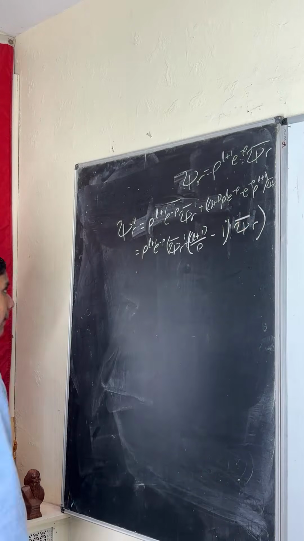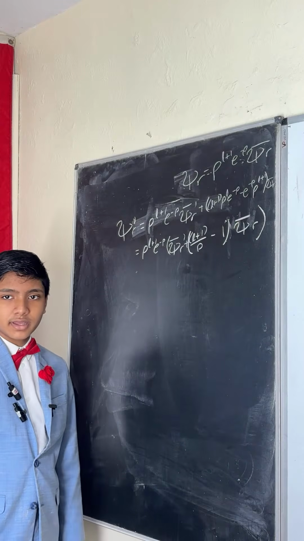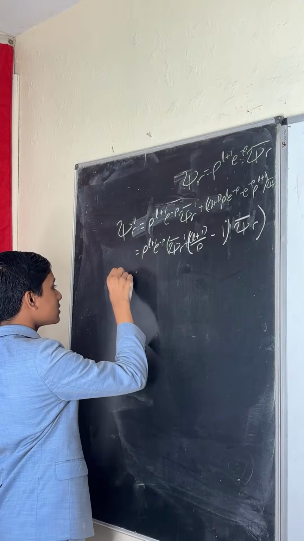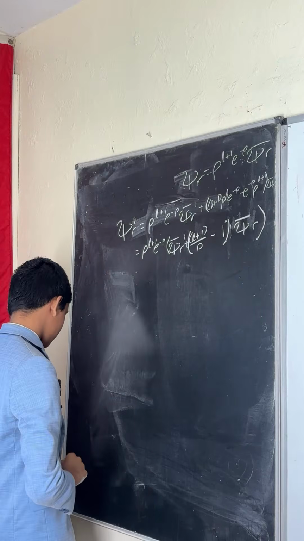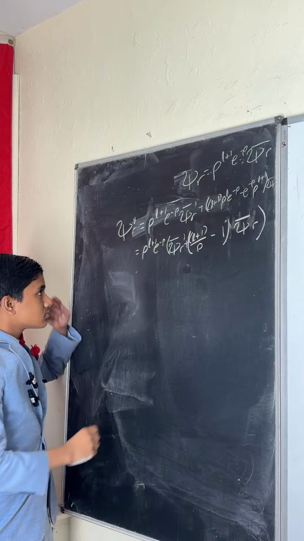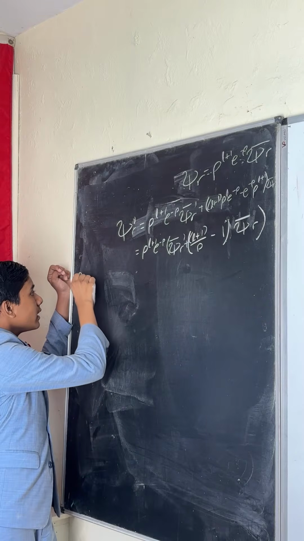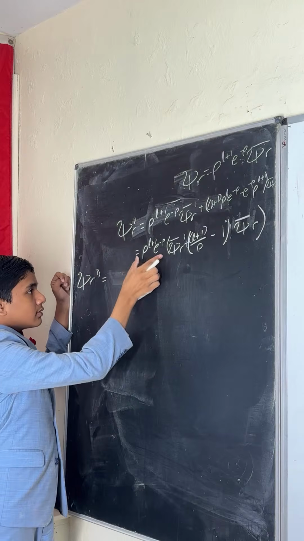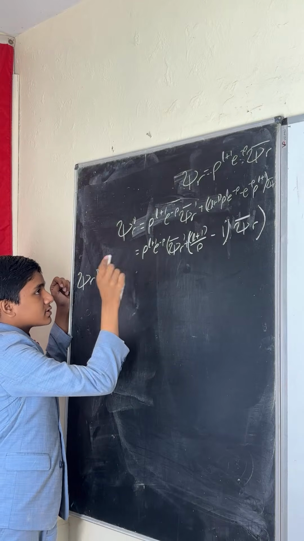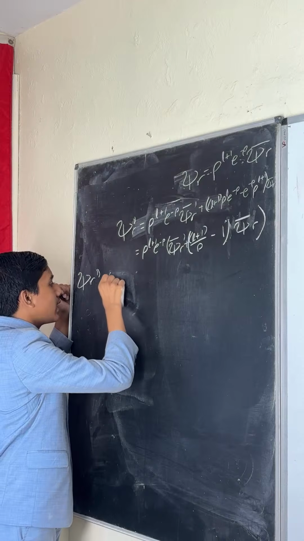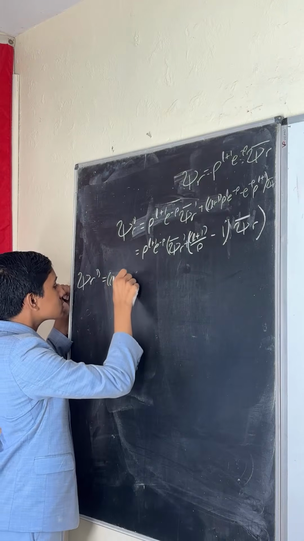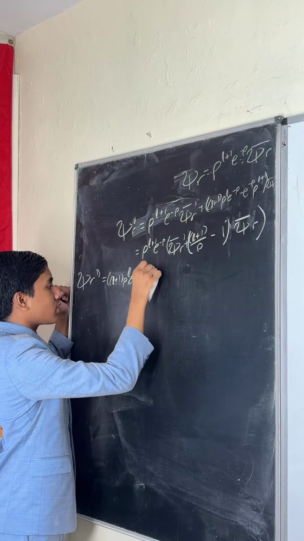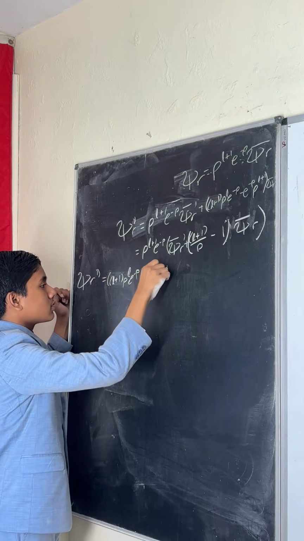So now, what happens when we take the second derivative this way? Well, we get psi r double prime is equal to, well, first we take the derivative of this, which we can just copy paste, L plus 1 rho to the L e to the minus rho minus e to the minus rho rho to the L plus 1.